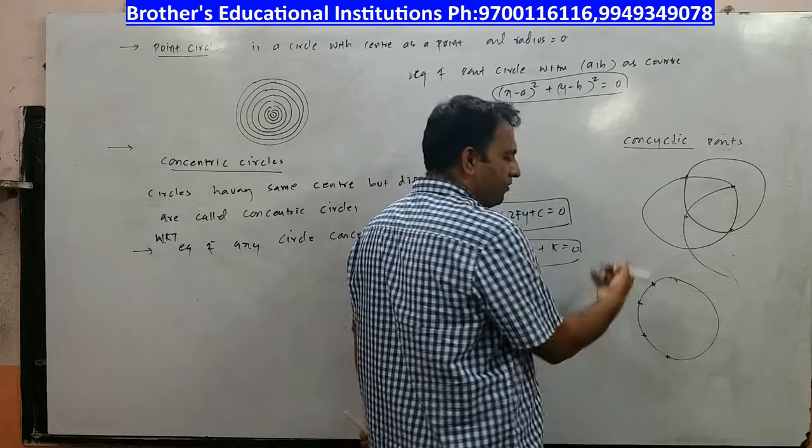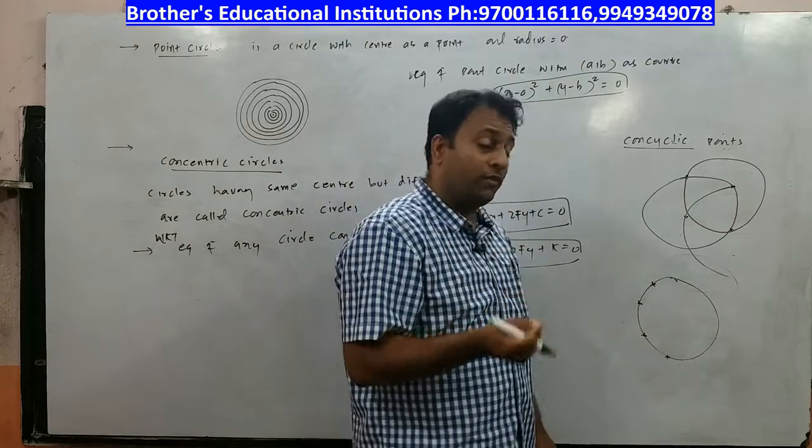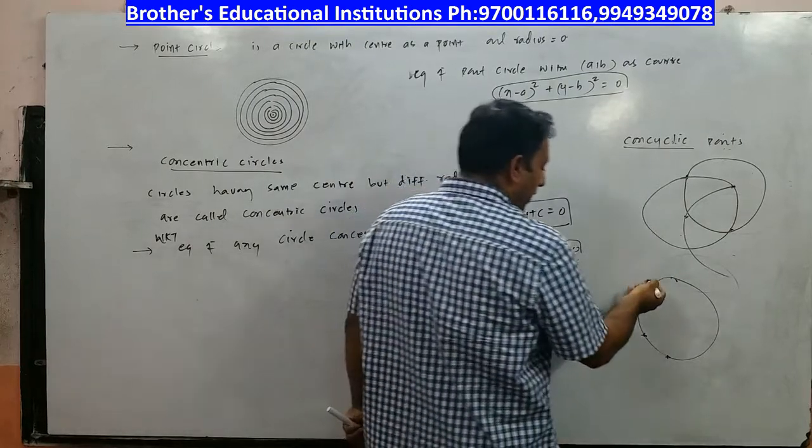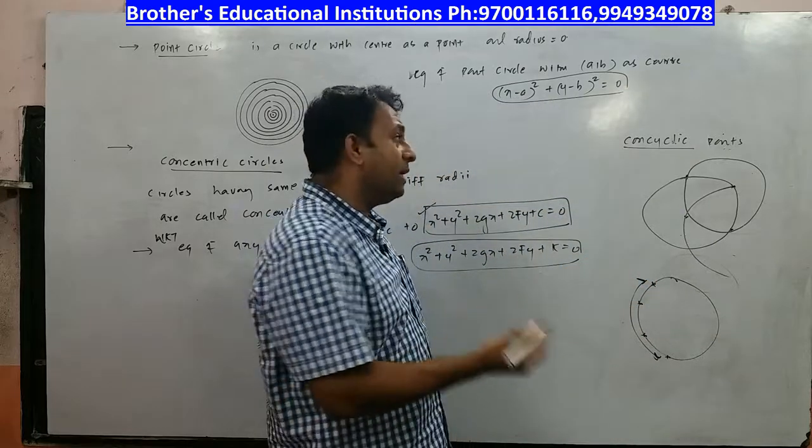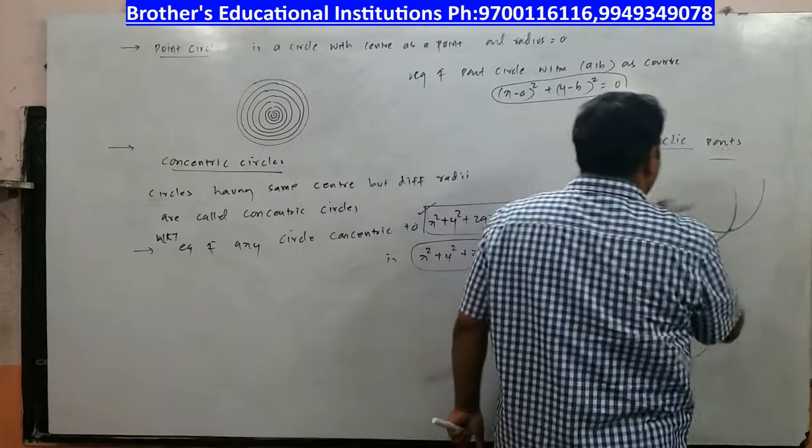Now if all these 4 points lie on the circle, then those points are called as what? Concyclic points. So what do you mean by concyclic points?